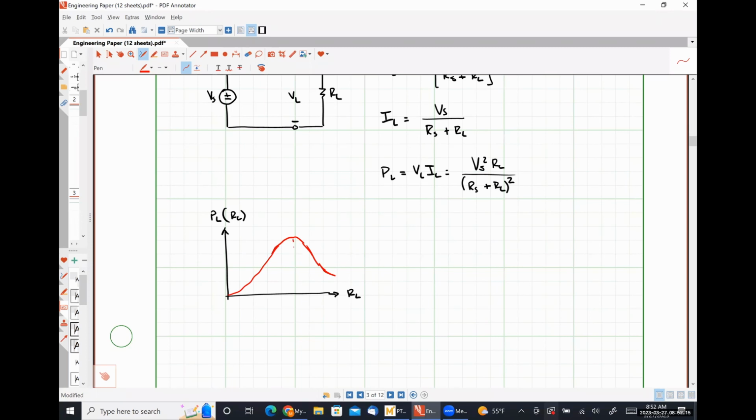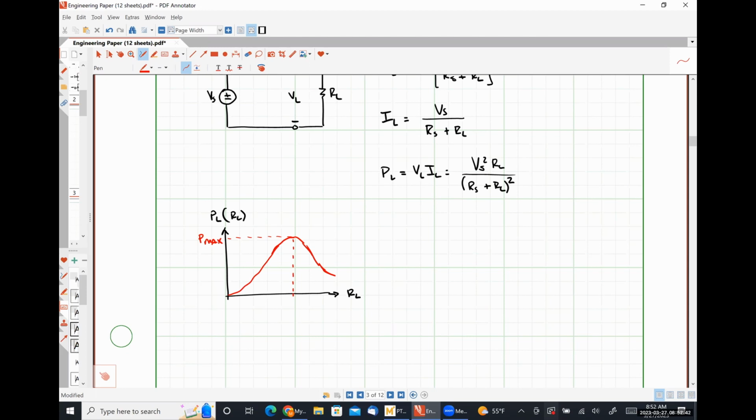There is a single value of resistance that will cause that practical voltage source to deliver the maximum amount of power that it possibly can.